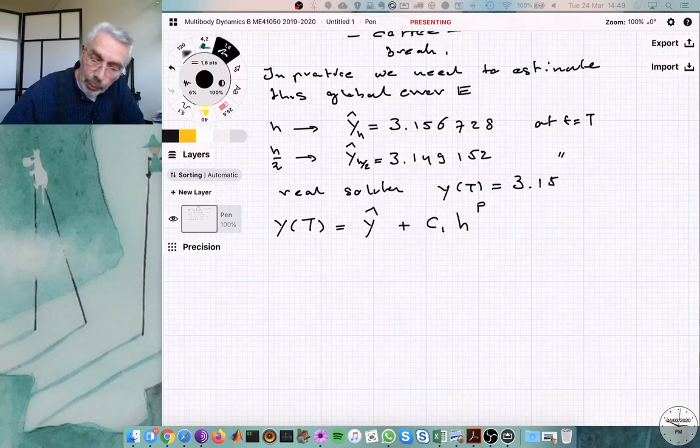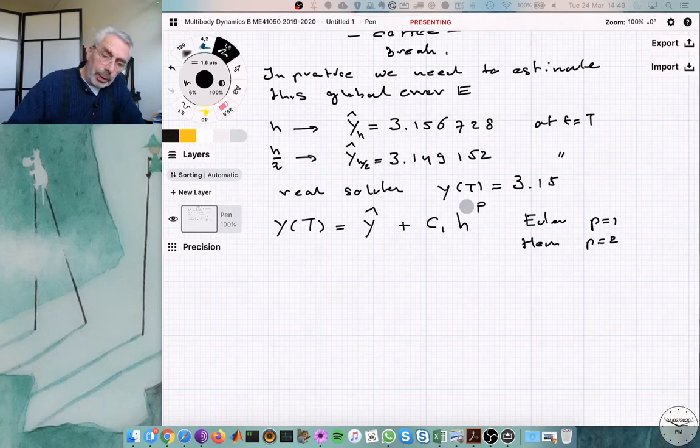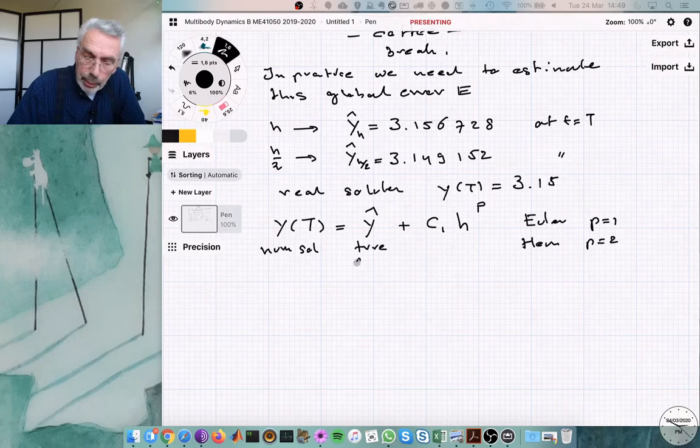For Euler, the global error has p equal to 1, and for the Heun method, the global error p is 2. So this is the numeric solution, and this is the true answer, which we don't know, but we want to know what error we are making.